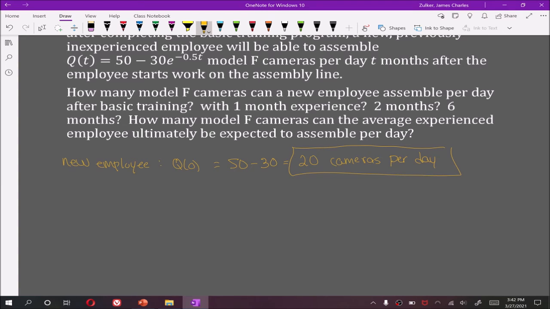Now, after 1 month experience, now t is 1, so we're looking at Q of 1. This is 50 minus 30 e to the negative 0.5, negative 1/2. This is approximately 31 cameras per day.